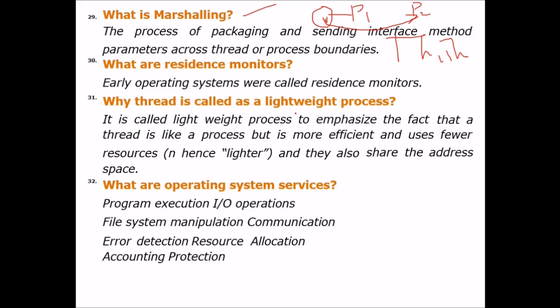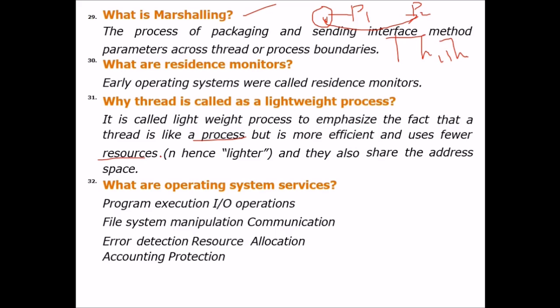Why is a thread called a lightweight process, LWP? It is called LWP or lightweight process to emphasize the fact that a thread is like a process. It mimics all activities of a process, but it is more efficient and uses fewer resources.